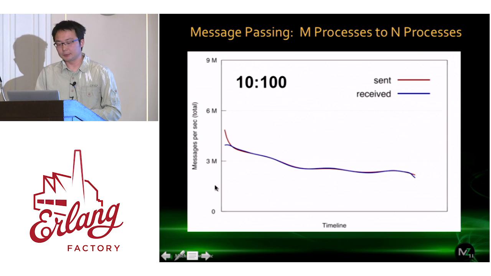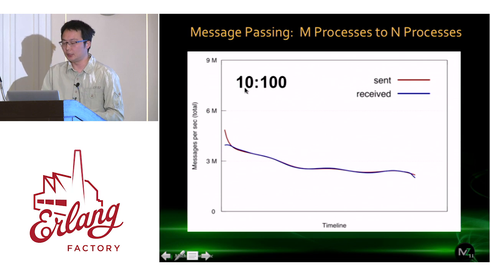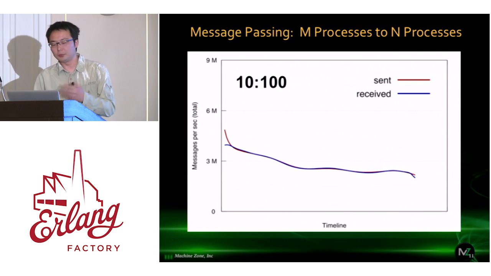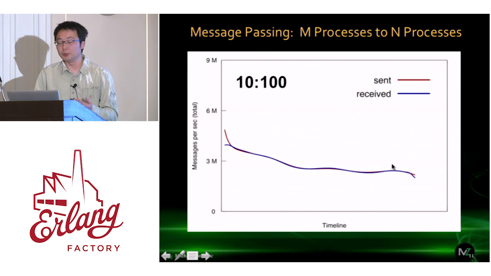Here we have an experiment. We have 10 senders and 100 receivers, and we are trying to figure out how many messages we can send and receive within 1 second. We ran it for a while, and as we can see, the number wiggles around 3 million per second.